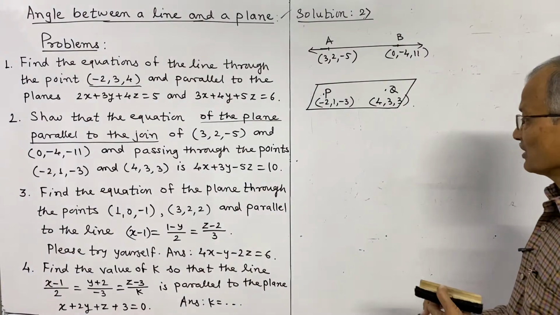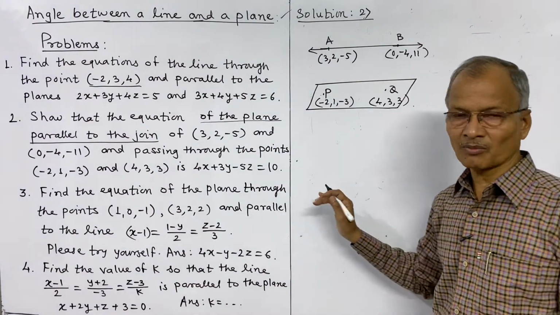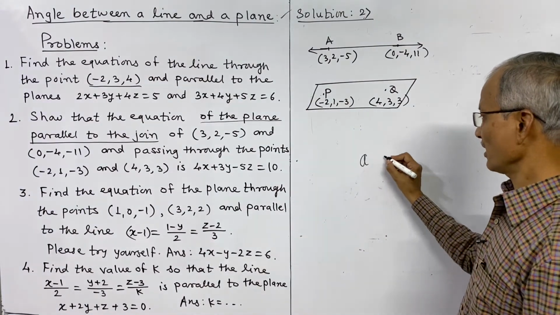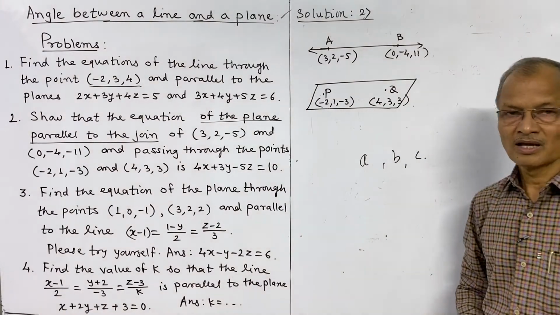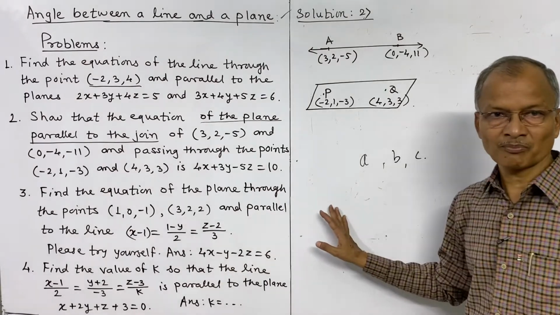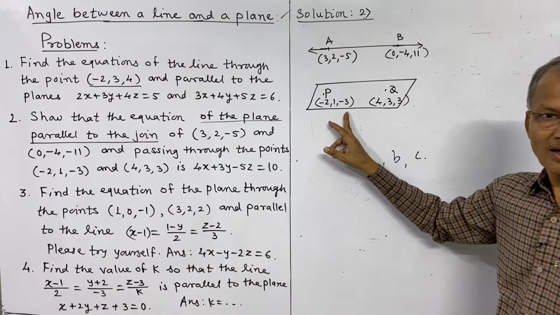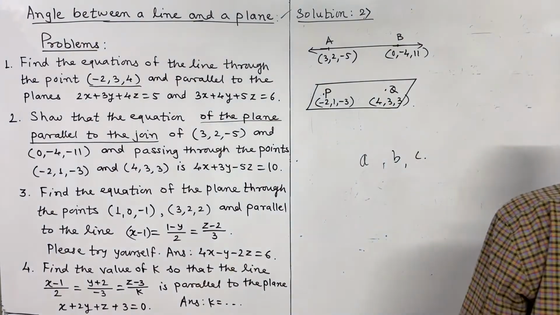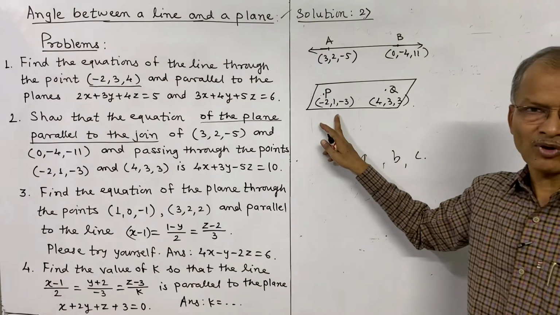First we shall consider the equation of the plane in general form, meaning the DRs of the normal to the plane will be A, B, C. We have studied the chapter on plane, and we know how to write the equation of a plane passing through a point, and that result can be used directly. So we write A, B, C as the DRs of the normal, and then the equation of the plane passing through any one point can be written.